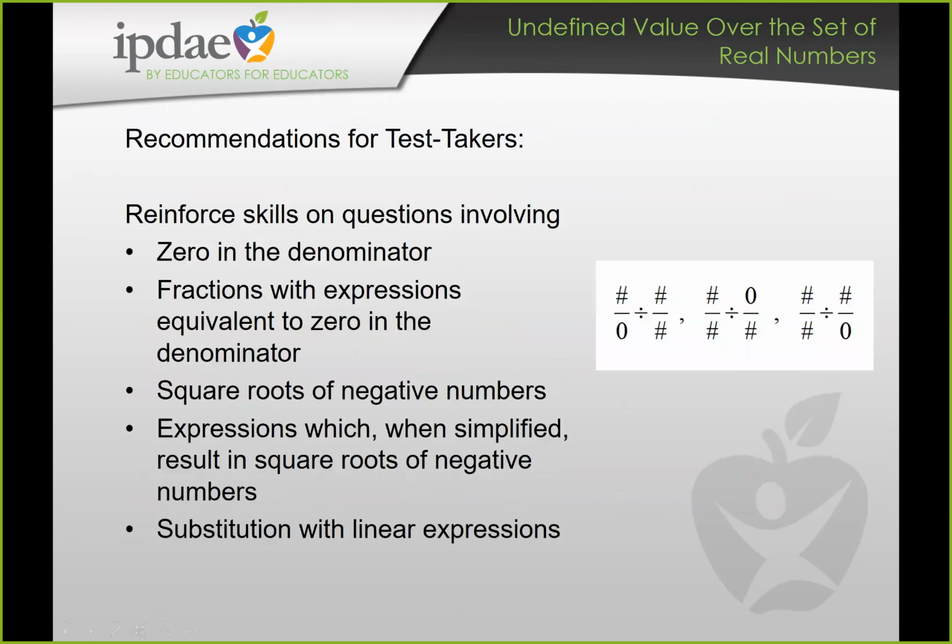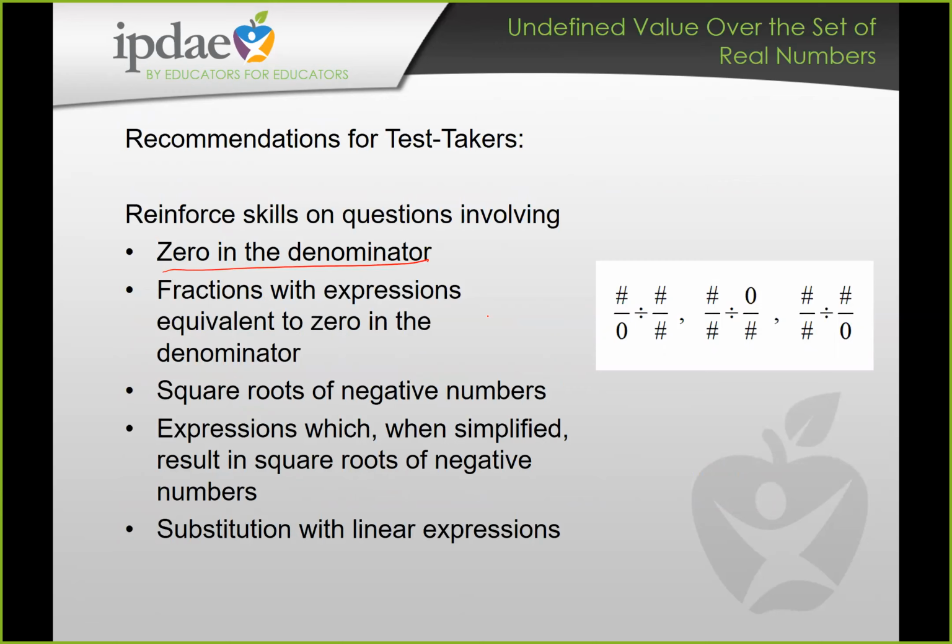So let's look at some of the questions here. I also wanted to go over some recommendations. Some of the indicators for my students: I tell them if it's a 0 denominator, it's undefined. Fractions with expressions equivalent to 0 in the denominator.